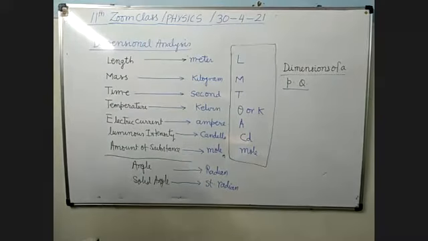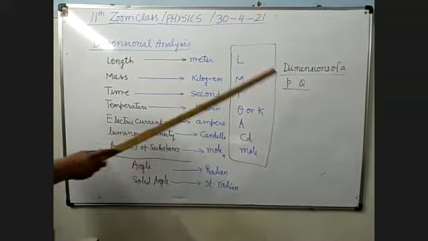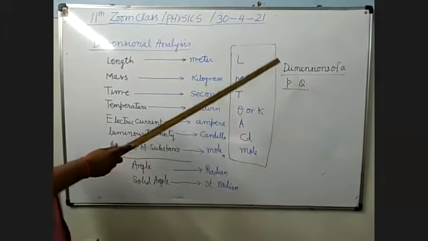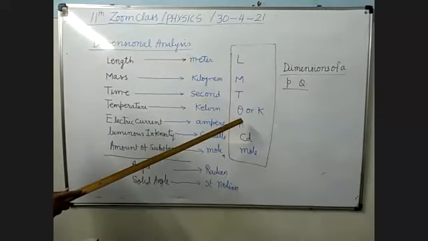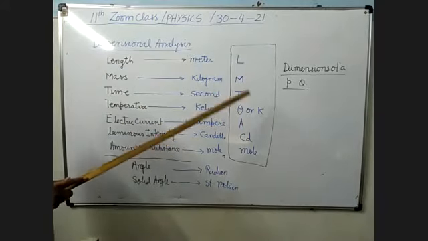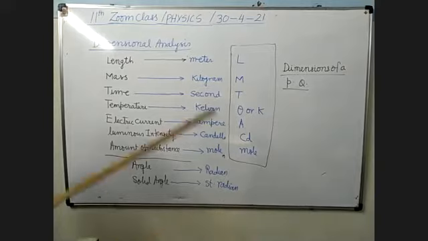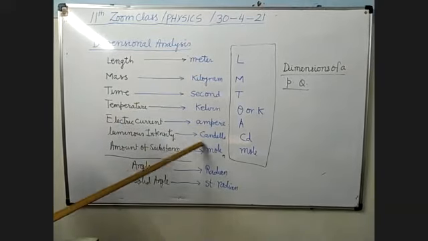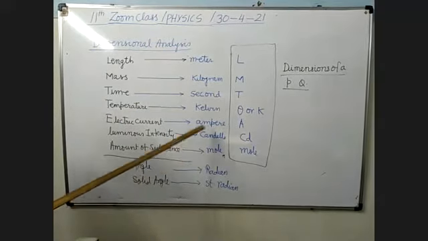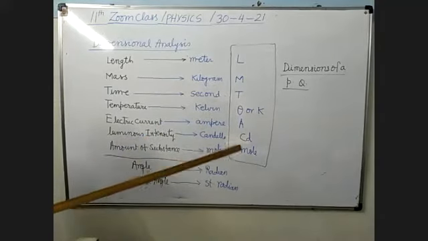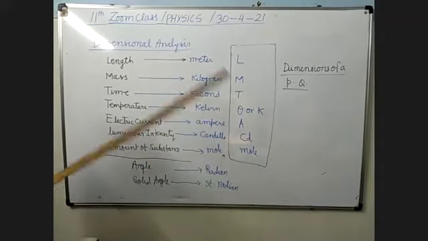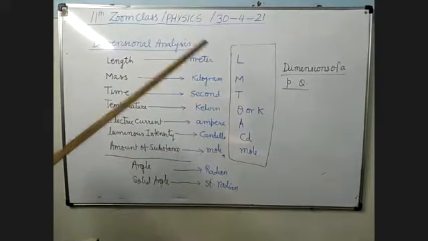So dimensions of a physical quantity are those powers which are raised on the fundamental units to get the derived unit of that quantity. What are the derived units? Derived units are those which are determined by using these units. For example, meter square, meter cube, meter per second, all these are derived units.